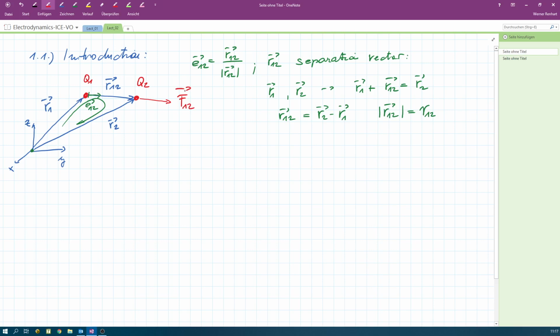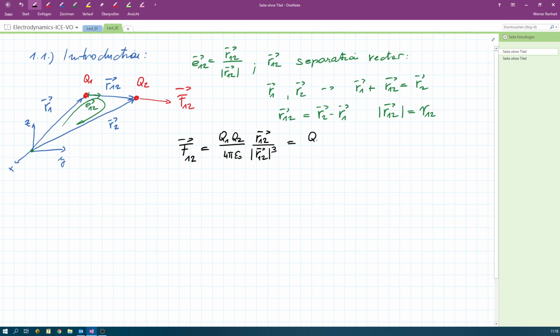on the charge 2. Coulomb said the force F12, pointing from 1 to 2, equals Q1 Q2 over 4 pi epsilon 0 times R12 as a vector over the magnitude of R12 to the power 3.